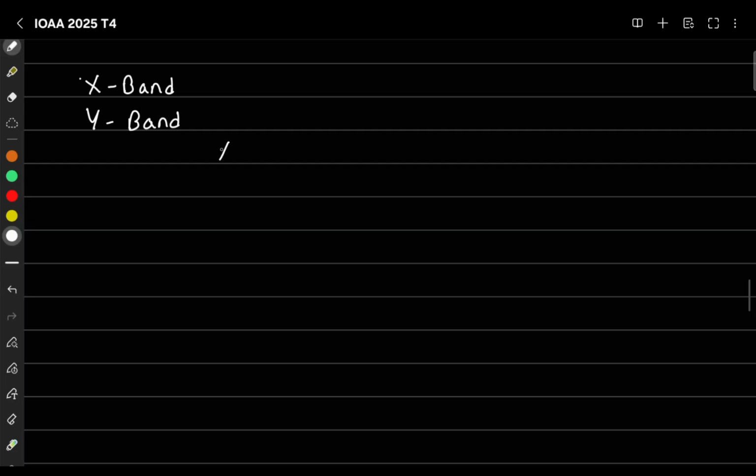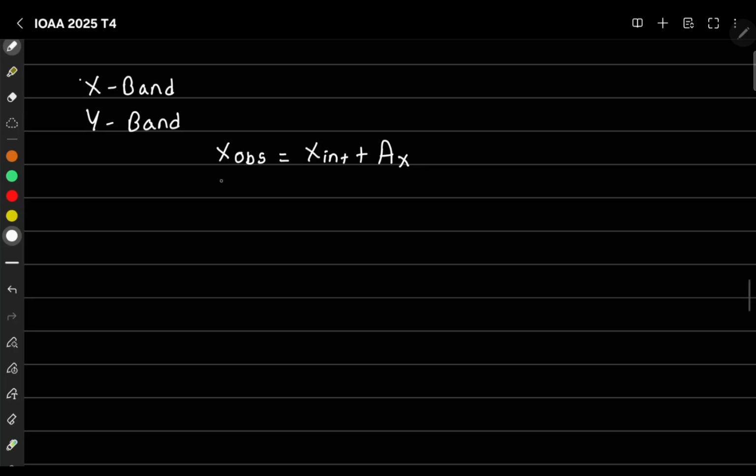Now I can simply write my x observed equals x intrinsic plus A_x, which is the extinction for that band. For the y band, it is y observed equals y intrinsic plus A_y, the extinction for that band.